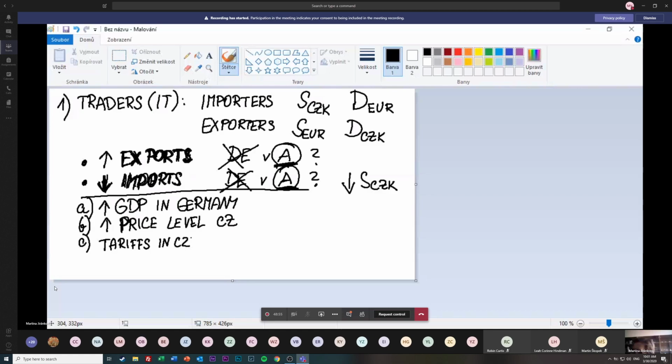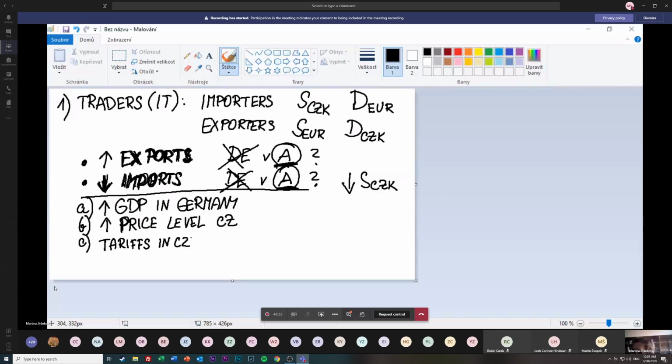And for us, it means we can export more there. So there is an increase in Czech exports, because German consumers are buying more.